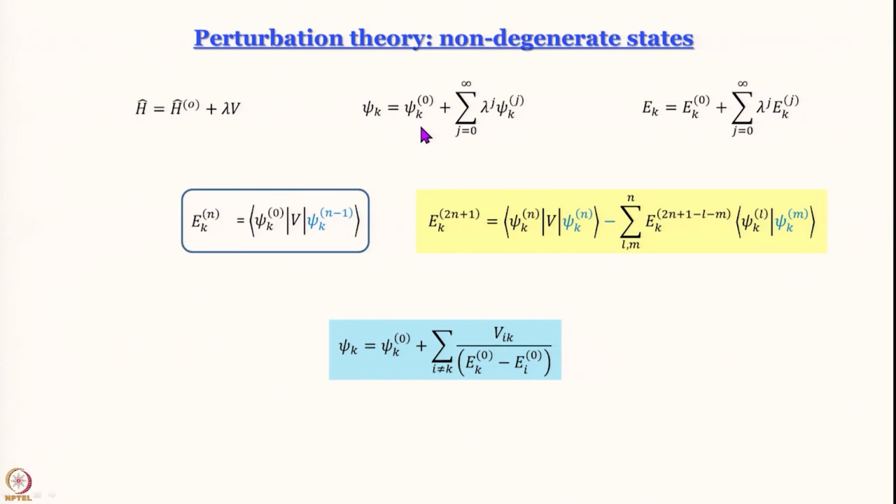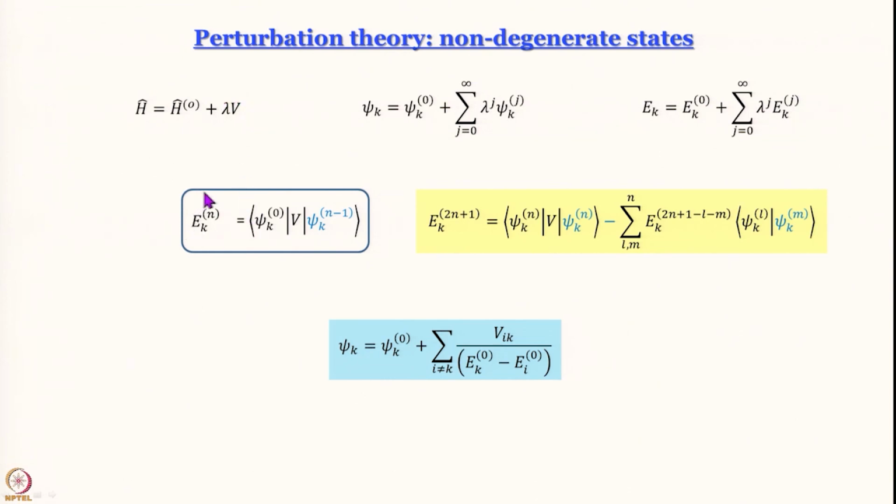And we have studied many such examples: harmonic oscillator, rigid rotor, hydrogen atom, and then we say that the perturbation is small. So, you can write the wave function of the perturbed system as the unperturbed wave function plus a correction term. Similarly, you can write an expression for energy. The Hamiltonian is written as the unperturbed Hamiltonian plus lambda times V. We have talked at length about why this is a good formulation.